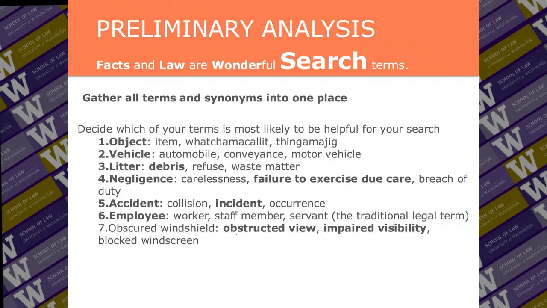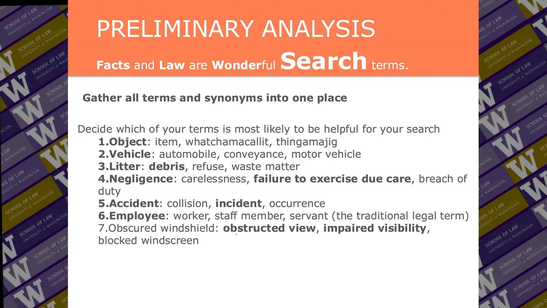So bringing it all together, here are all of the terms that we generated from the fact pattern. Those are the first terms listed in each of these numbered items. And then in addition is all of the additional synonyms that were added by both the dictionary and by Claude. So I've bolded the ones that I think I will actually use for my searching.